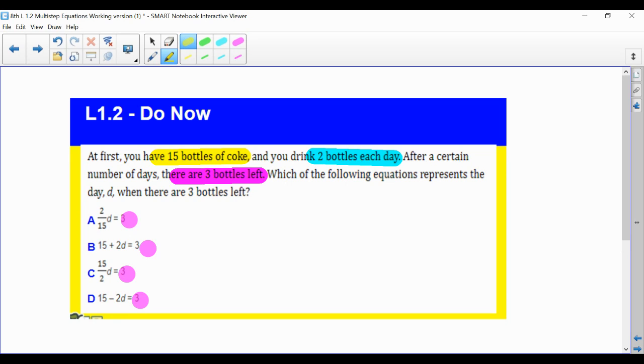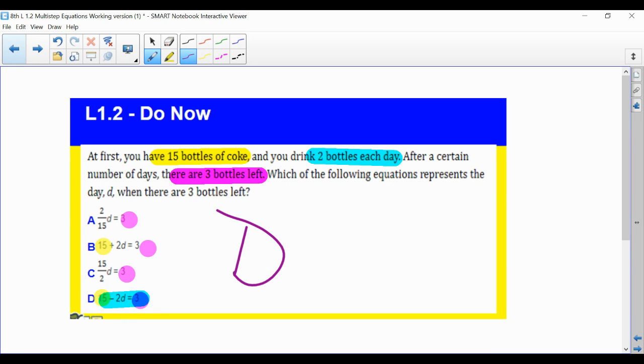And we start with 15 bottles of Coke. That never changes. So we have a constant of 15 here and a constant of 15 there. So out of that 15 bottles, we're drinking 2 bottles each day. We're taking 2 bottles out of the refrigerator and drinking them. We're subtracting them out. So if we look at our choices, this is the subtraction one. So our answer for this one is D.